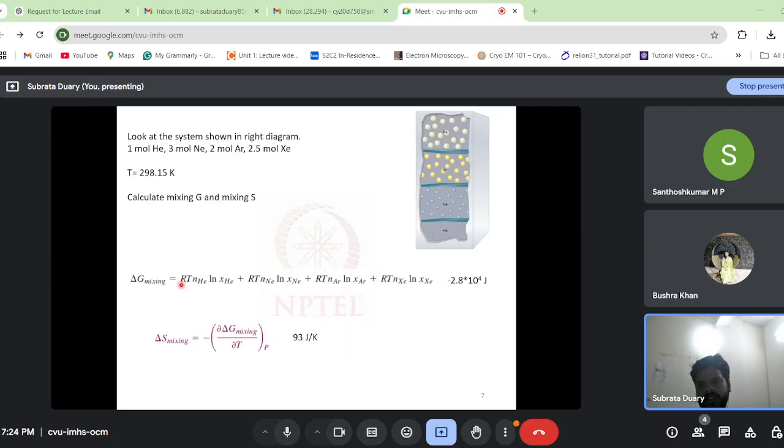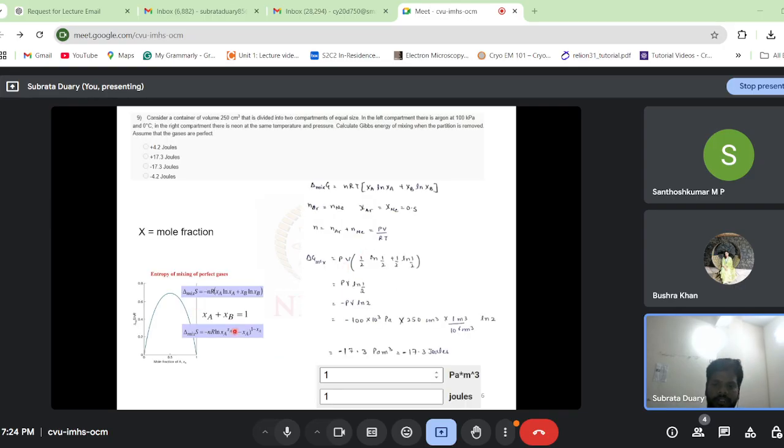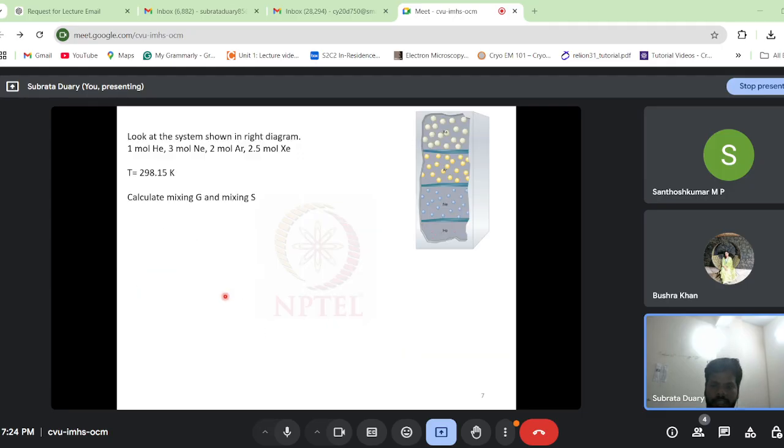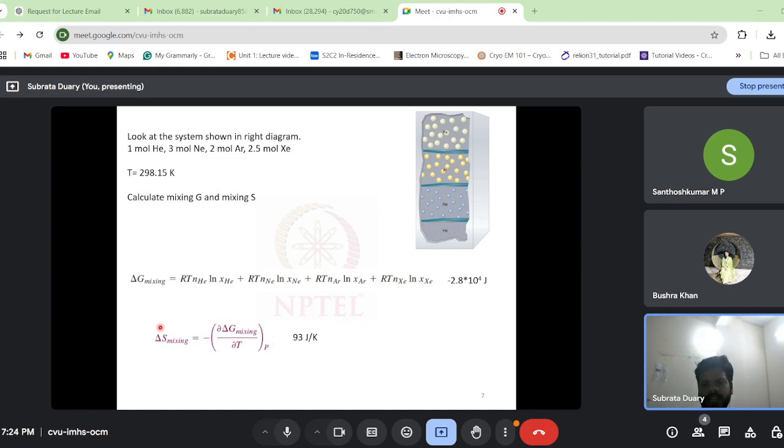So delta G mix equal to RT ln X He, and to get from here to here you can do this calculation. So you can get this particular value of delta G. You can do a little bit of homework on this. So if you divide by T, basically R is coming, right? So R into ln x He with a negative sign. So negative becomes positive. As a result you will get the positive. Now, any confusion?